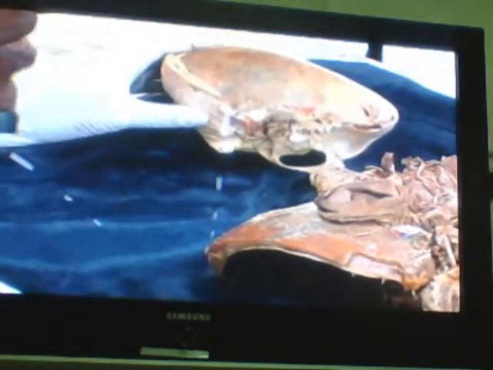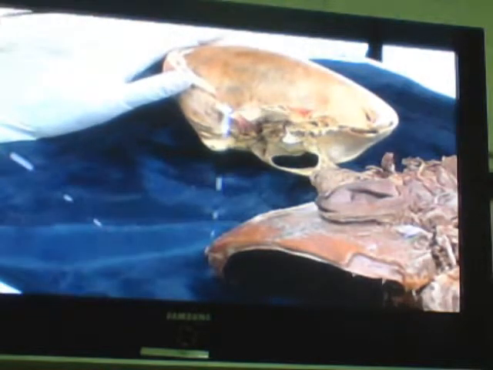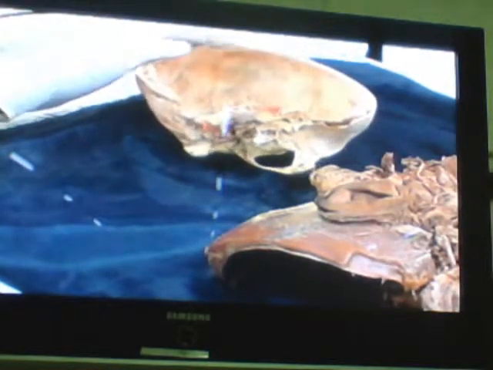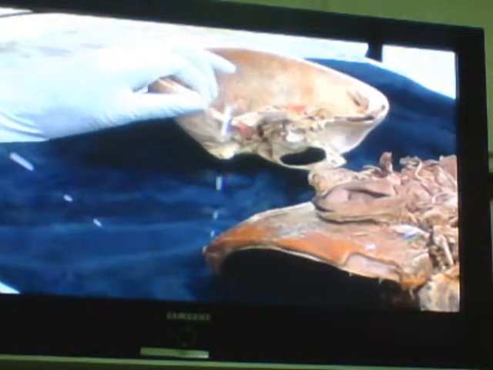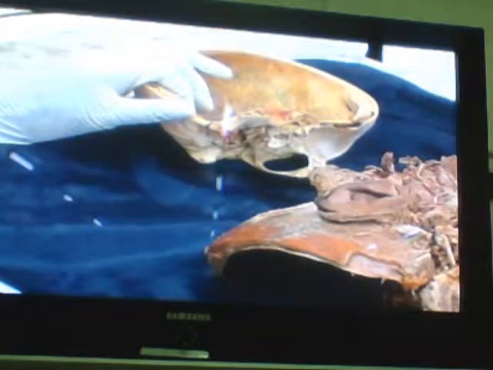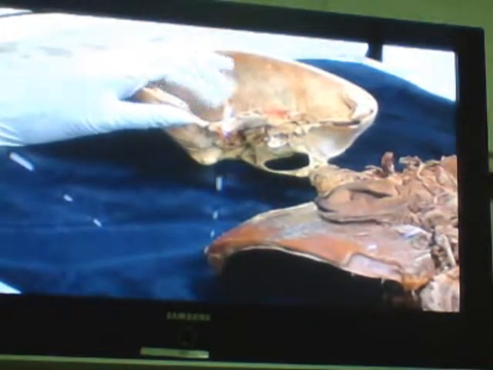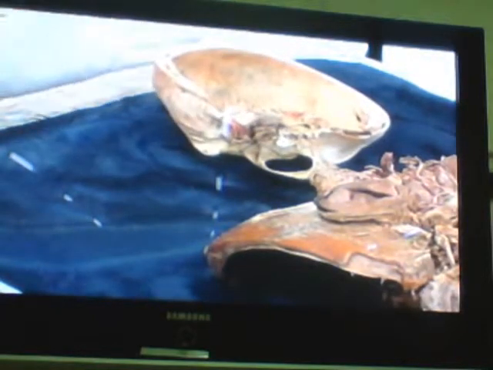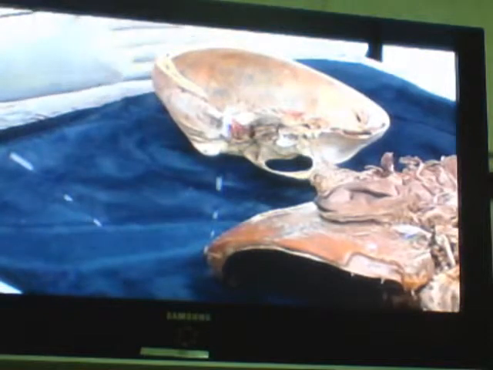Which nerve will help with secretion from the lacrimal gland? Which cranial nerve? The 7th cranial nerve. It has to be a cranial nerve which is secretomotor and parasympathetic. Does nerve 5 have anything to do with that?